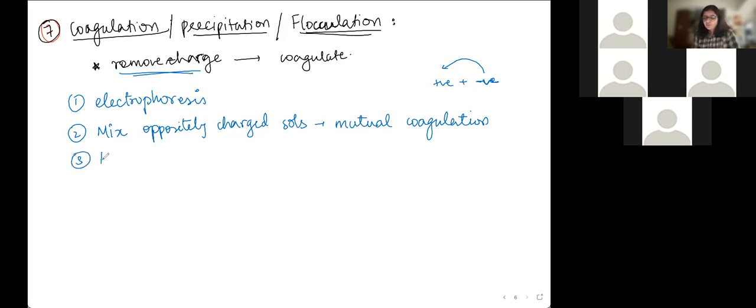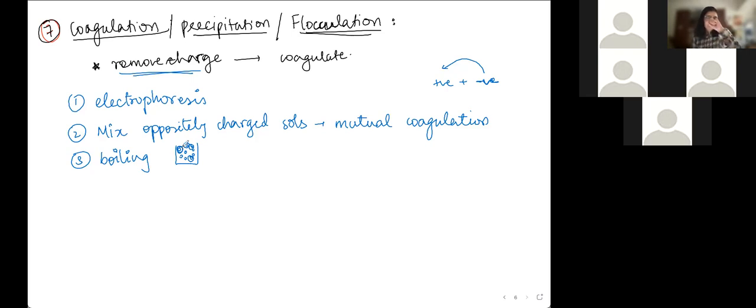Then we have boiling. This is more of a physical way to remove the charge. The whole deal about colloids is that they are all suspended and you have Brownian motion going on. The charges are adsorbed on the surface of the particles. When you boil them, the motion of these particles increases. You're giving them more energy, so the motion increases.